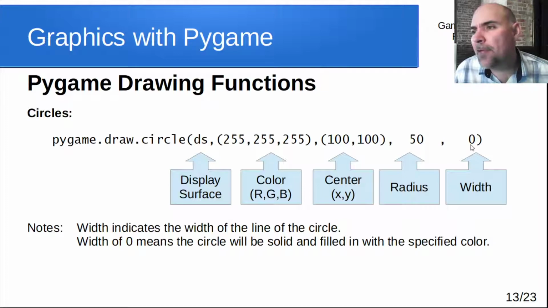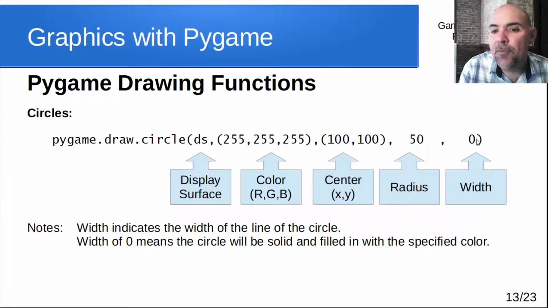If you put in a width of 1, you'll get a single line outline of a circle. But if I put in 0, it'll fill it in with this color, so it'll be a solid circle. That can be useful. So if you want a solid circle rather than just a ring, put 0 there. But if you wanted just a ring, you could put 1 or 2, and that's how many pixels wide the ring is.